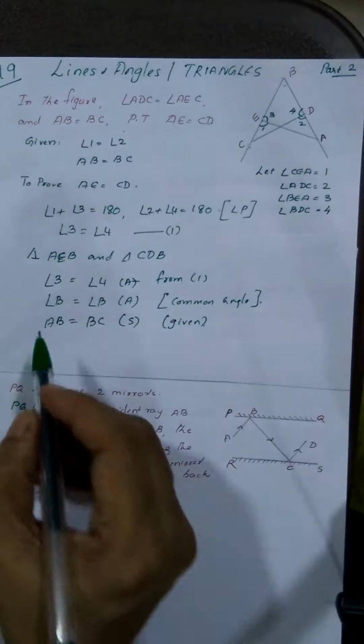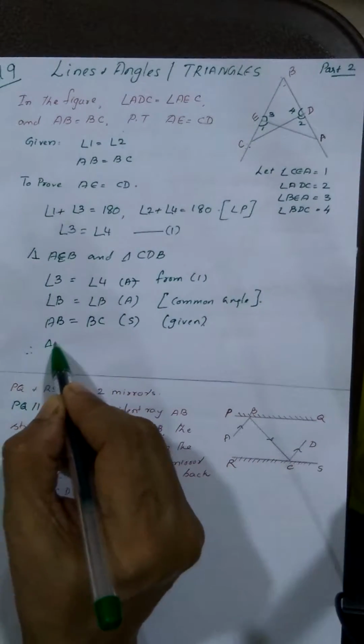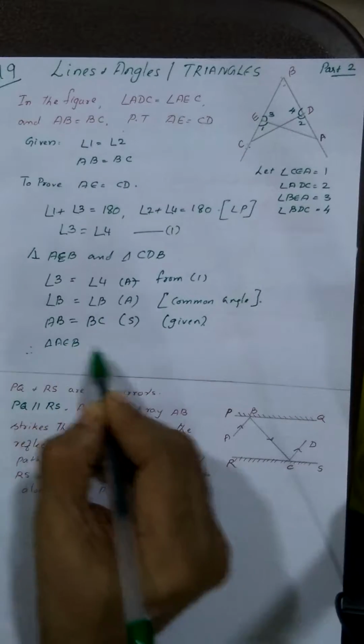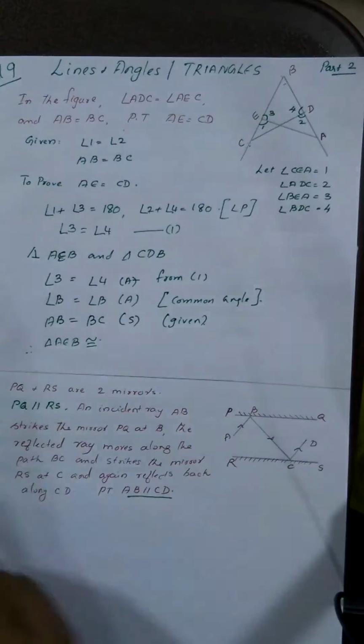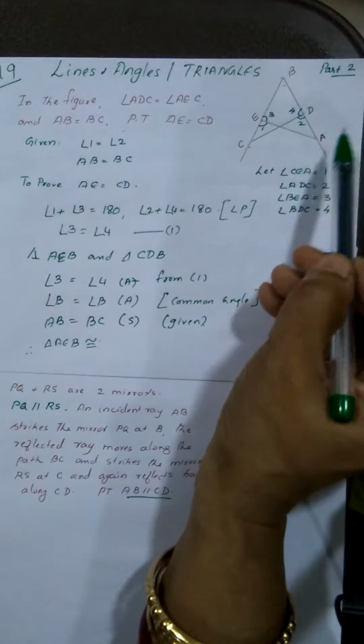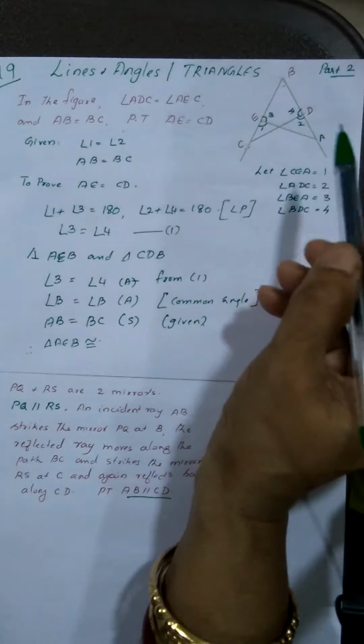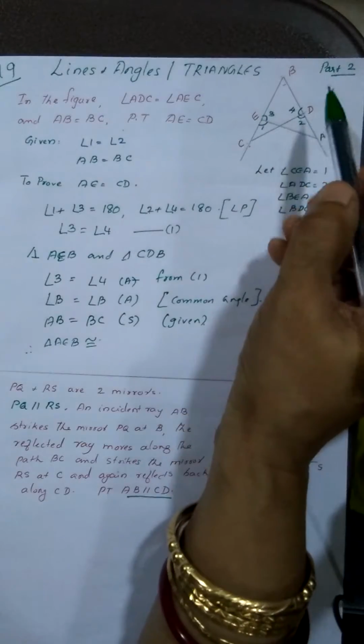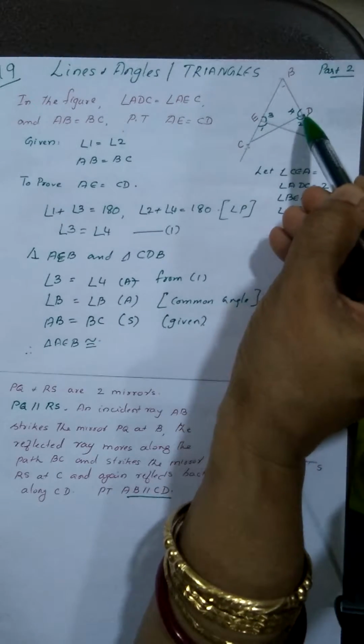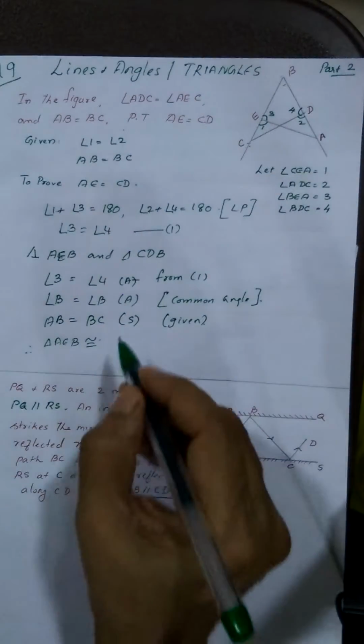Therefore, the triangle AEB is congruent to, now we have to write the same order, so AEB is congruent to CDB.